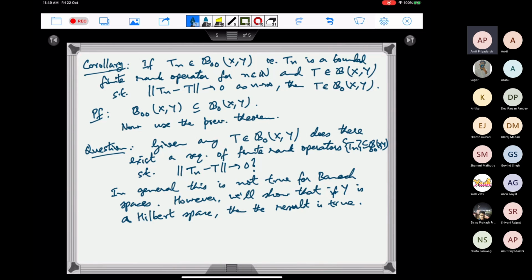More generally, it is true if Y has a Schauder basis. I'll just write that, but we will prove it for a Hilbert space.